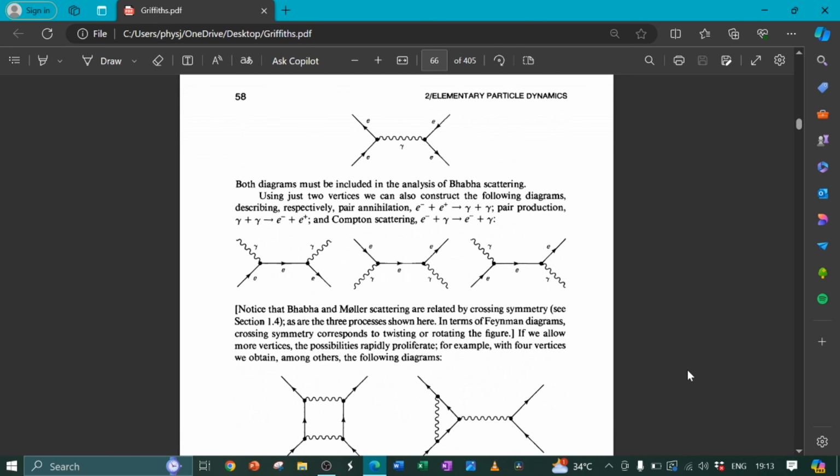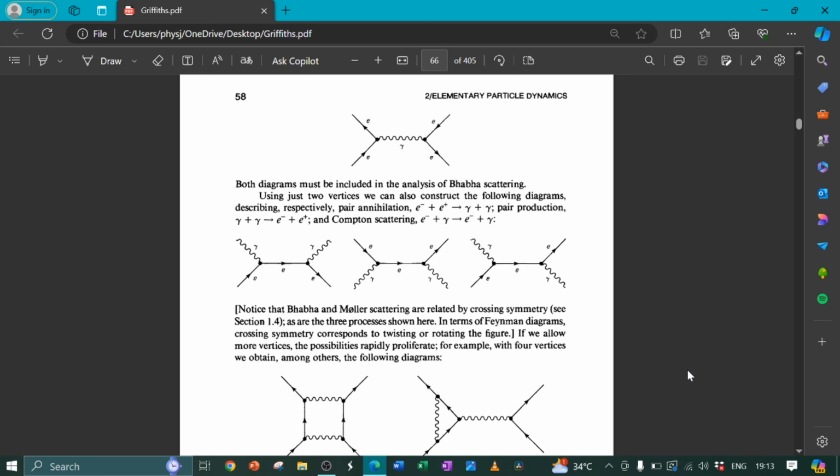Using just two vertices, we can also construct the following diagrams describing respectively pair annihilation, electron plus positron goes to photon plus photon, pair production, photon plus photon goes to electron plus positron, and Compton scattering, electron plus photon goes to electron plus photon.